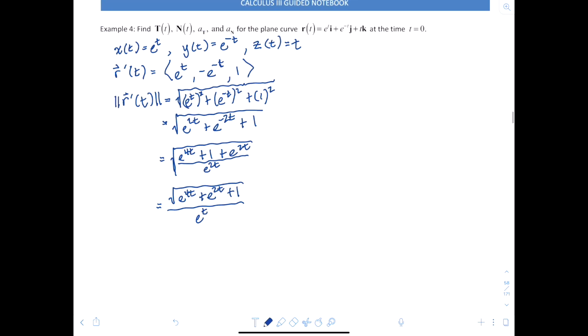Okay, so now let's see what else we need to do. We found r prime, the magnitude of r prime, and so that allows us to find T, just T at time t. So that's going to, remember, be r prime of t over the magnitude of r prime of t.